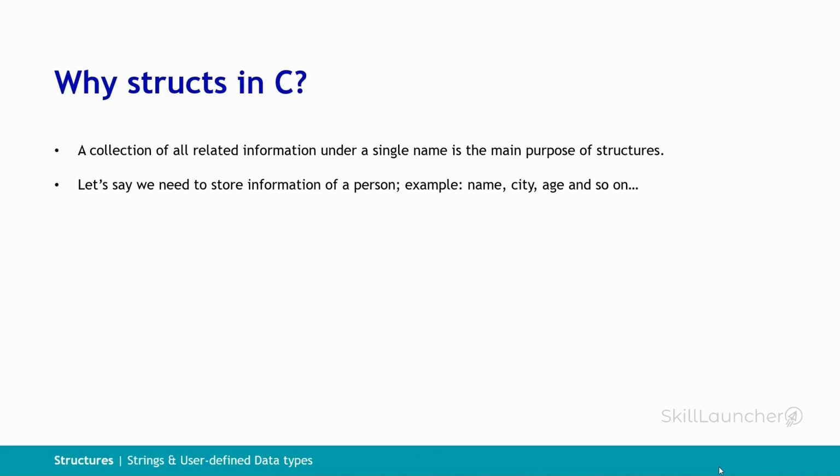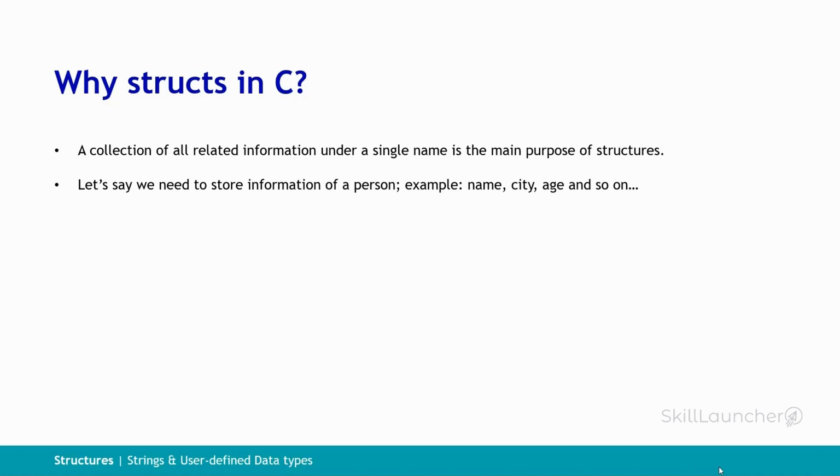Now you would have to create different variables for each person, that is name1, city1, age1 variables for person 1. For the second person, the variables would be named as name2, city2, age2, and so on. You can easily visualize how big and messy the code would be. Also, no relation between the variables would exist. It's going to be a daunting task.